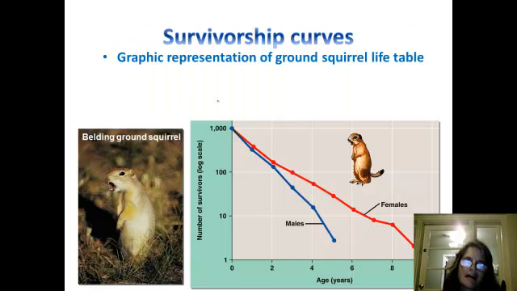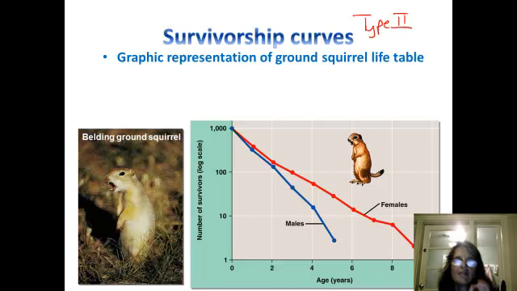And this is kind of showing you a little bit of a good example of that middle type 2. So I'm going to write type 2. This is a Belding ground squirrel. It's just a type of ground squirrel. We don't have them around here. But a study was done showing that basically we're looking at a pretty linear relationship between age and survivorship.